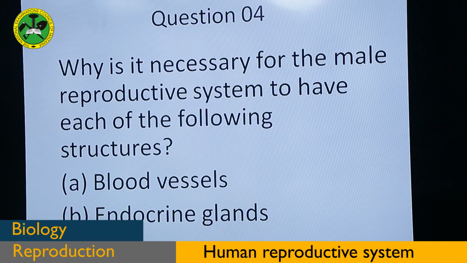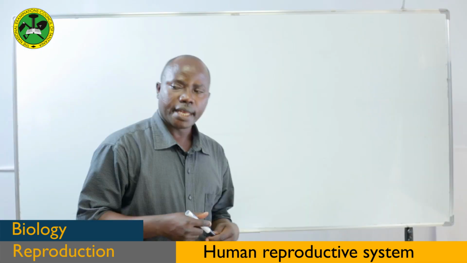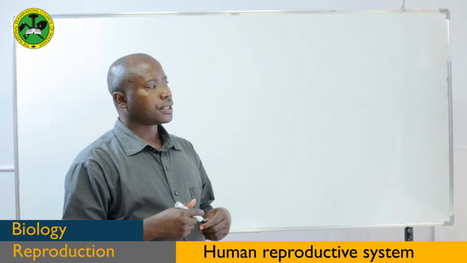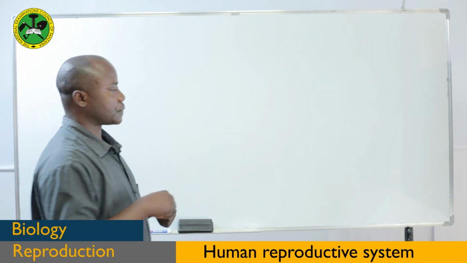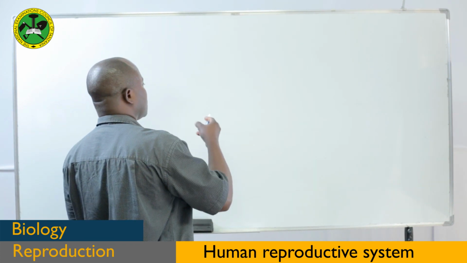Why is it necessary for the male reproductive system to have each of the following structures? A. Blood vessels. B. Endocrine glands. Dear students, this question also wants you to explain the role of the blood vessels.